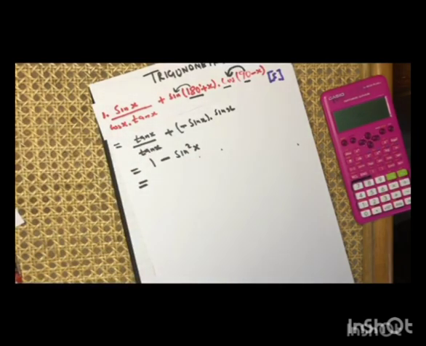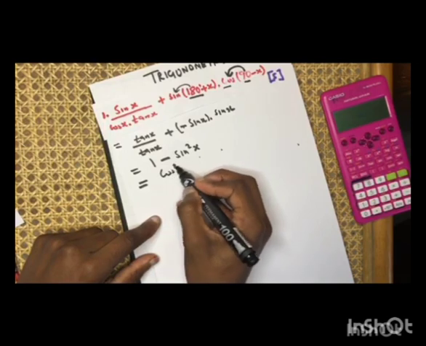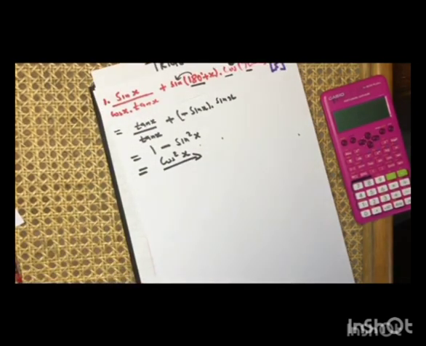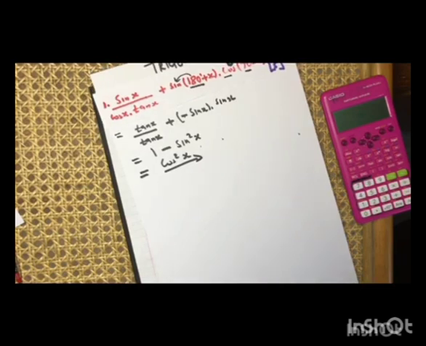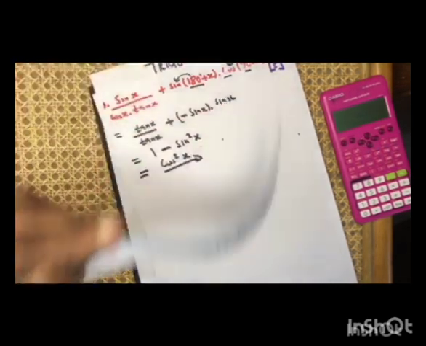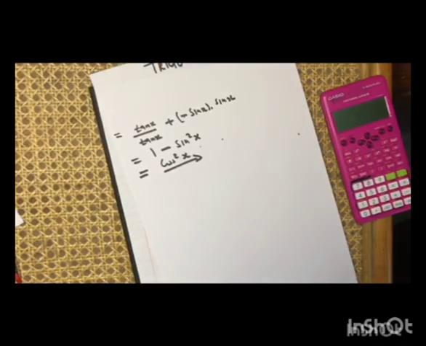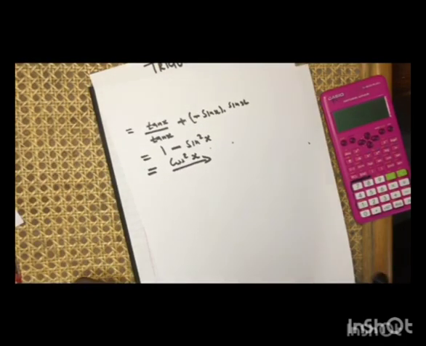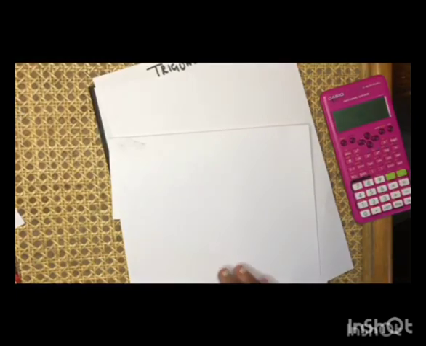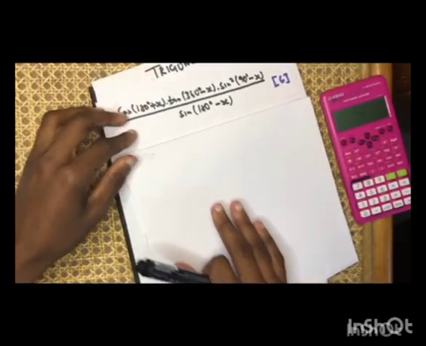So we need to change this one to become cos squared x. So that's your final answer. You need to know your identities and also your reductions whenever you're doing these simplifications. They are going to come out whether you like it or not during your final exam and also your trial, your June exam. So you need to know how to use them.